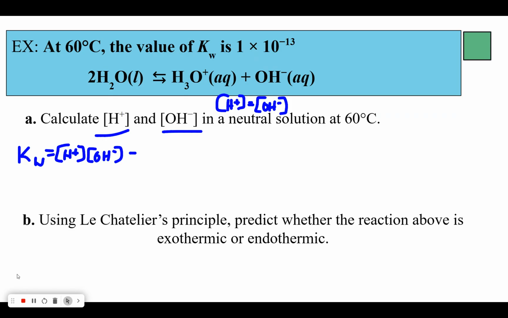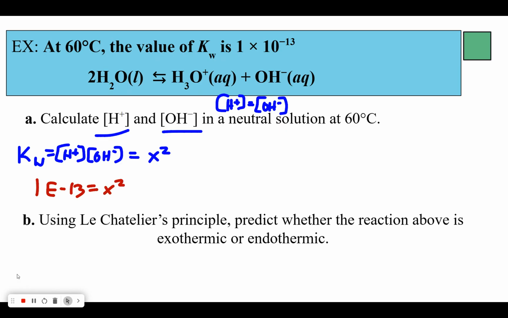If those are equal, then we can simplify this down to whatever their concentration is, it's X. And since they're equal to each other, then it's going to be Kw equals X squared. And just like with our solubility equilibrium, realizing it's an X squared situation tells us that all we've really got to do is take the square root of that K value, that 1 e negative 13.